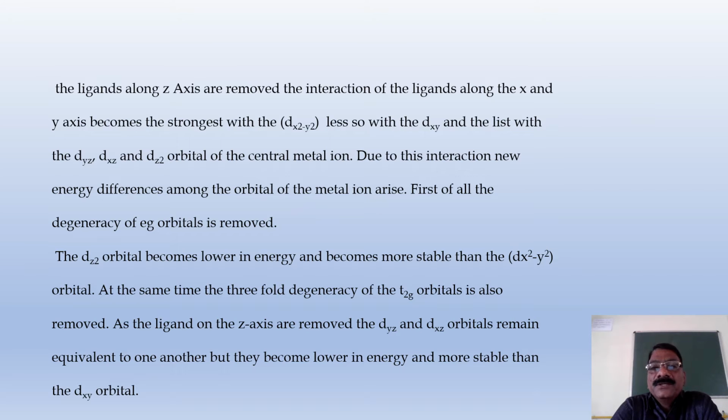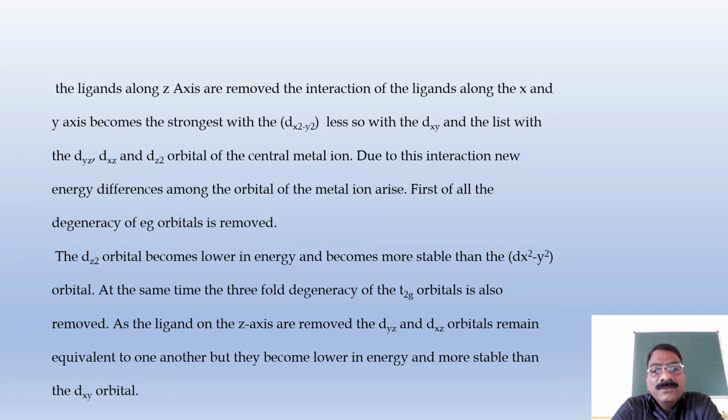Due to this interaction, new energy differences between the orbitals of the metal ion arise. First of all, the degeneracy of the Eg orbitals is removed. The dz square orbital becomes lower in energy and more stable than the dx square minus y square orbital. At the same time, the threefold degeneracy of the T2g orbitals is also removed.